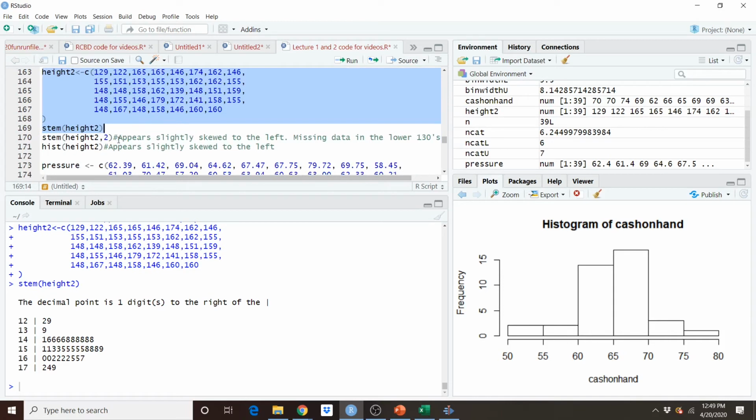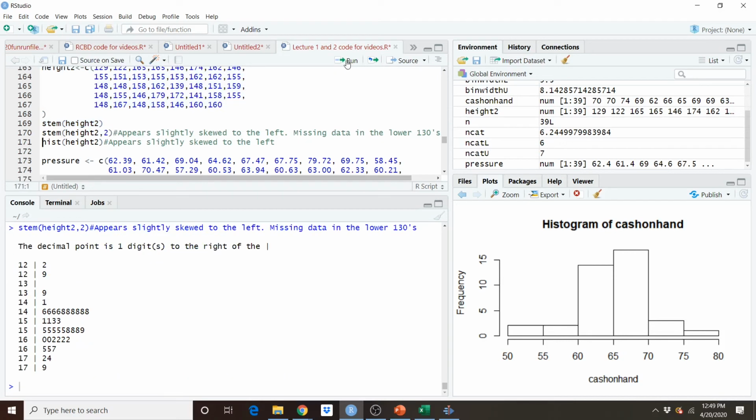And while we said that having 6 to 20 stems was good, we said that between 10 and 15 stems gives us the best looking stem and leaf plot. So let's do an extended stem and leaf plot here. And now what we can see, we still have minimum 122, maximum of 179. We have missing data in the lower 130s range.